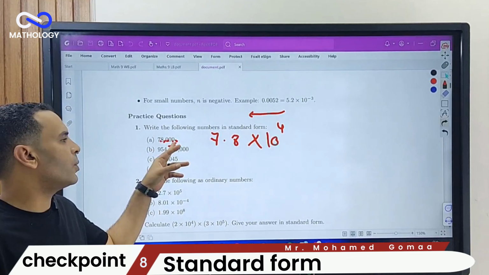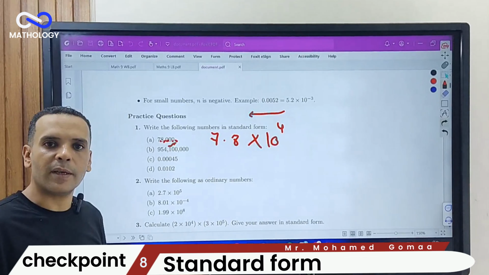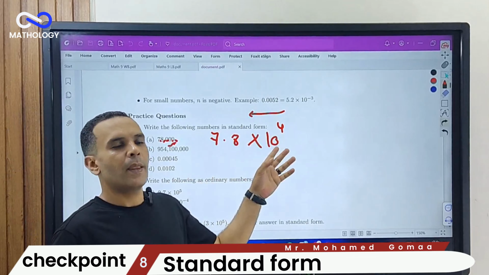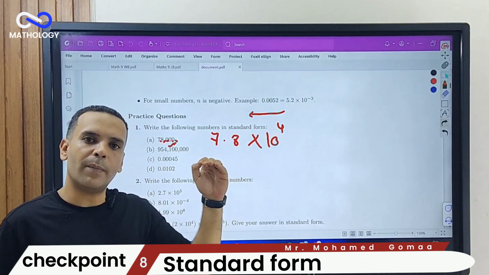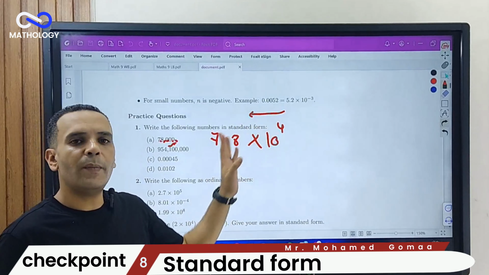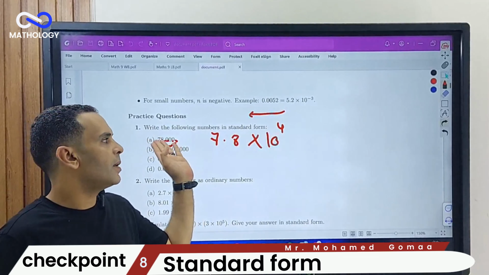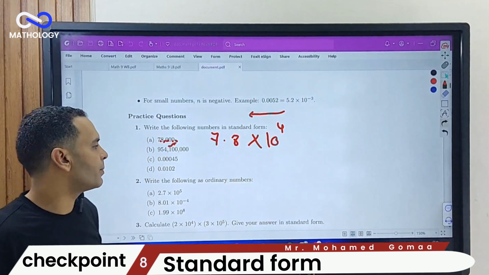Firstly, put the decimal point between two digits to get a number between 1 and 10 from the original number. Then put 10, and put a power above the 10. The power will be positive if you move the decimal to the left, but if you move the decimal to the right, it will be negative.